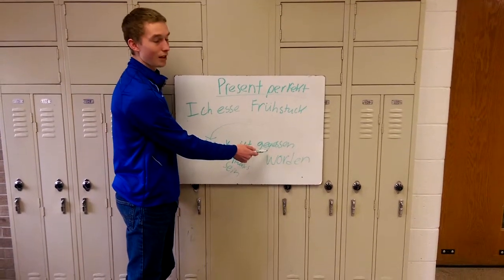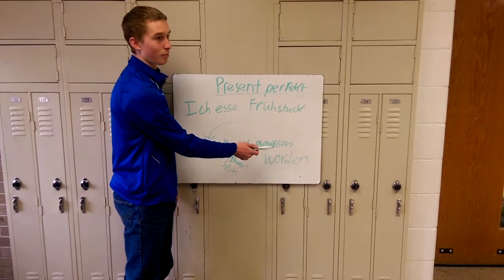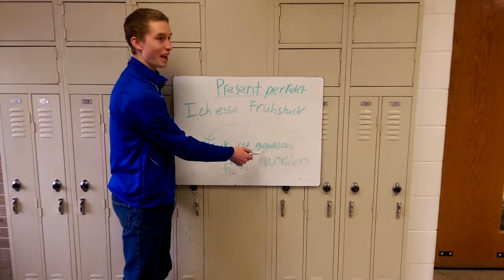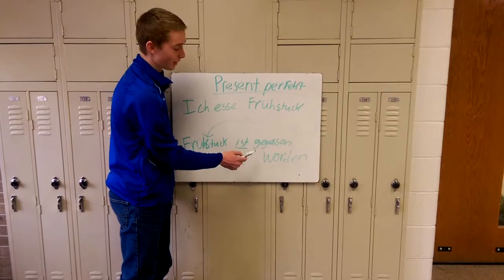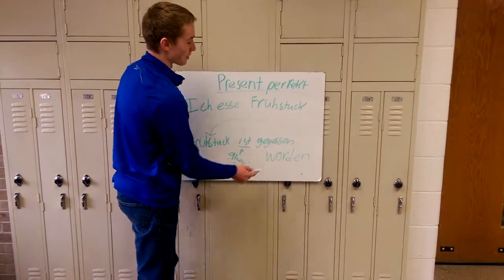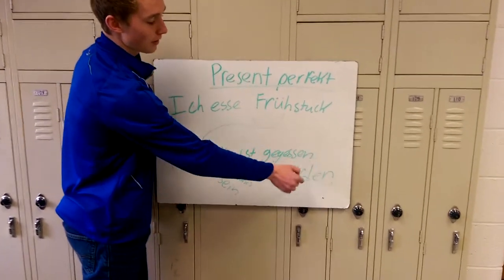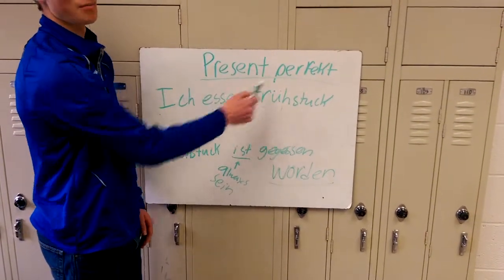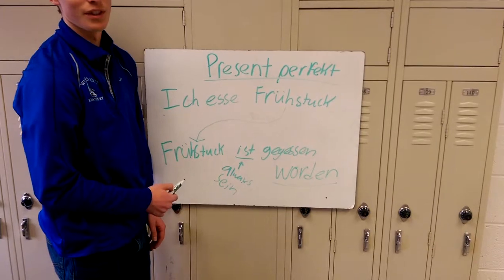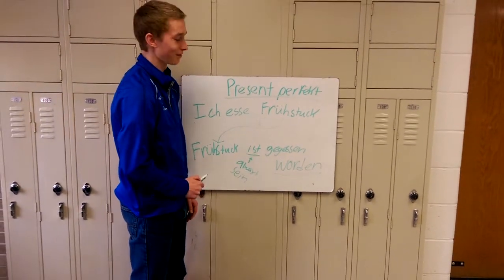And then you have the past participle of this verb, and then you have worden afterwards. And so having worden at the end makes this the present perfect, which is slightly different than normal present tense.